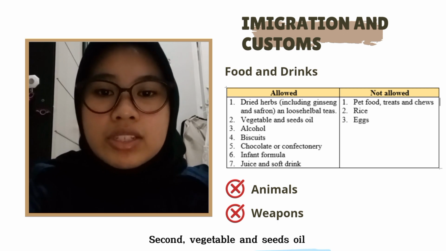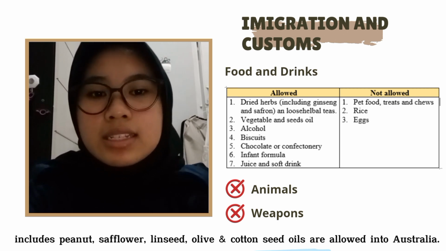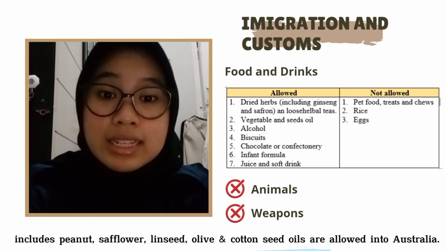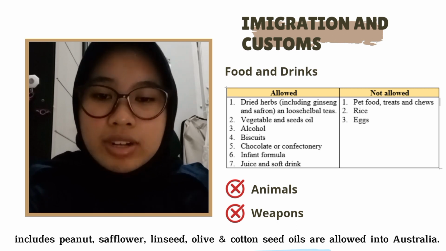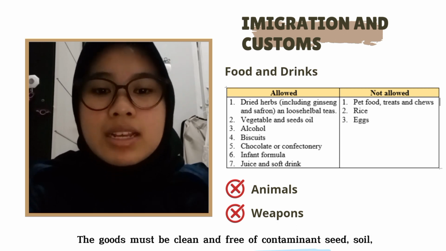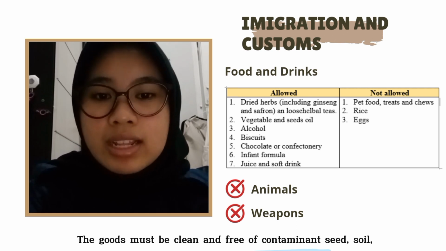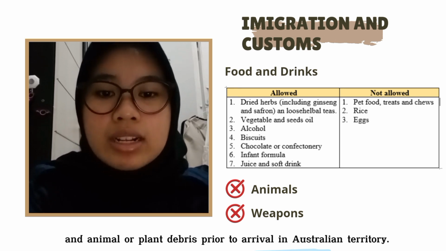The second, vegetable and seed oils, including peanut, safflower, linseed, olive, and cottonseed oils, are allowed into Australia. The goods must be clean and free of contaminant seed, soil, and animal or plant debris prior to arrival in Australian territory.